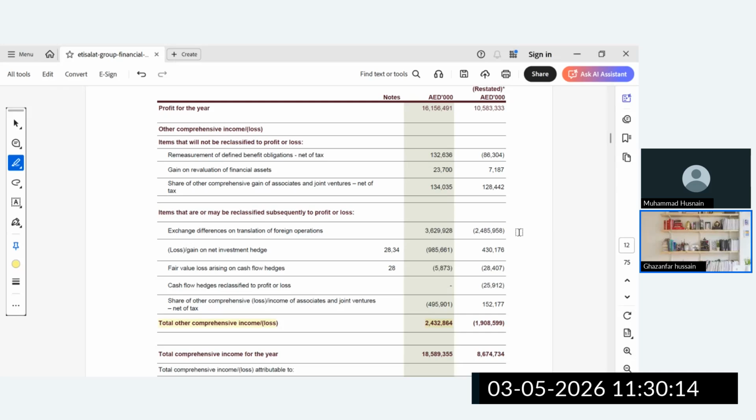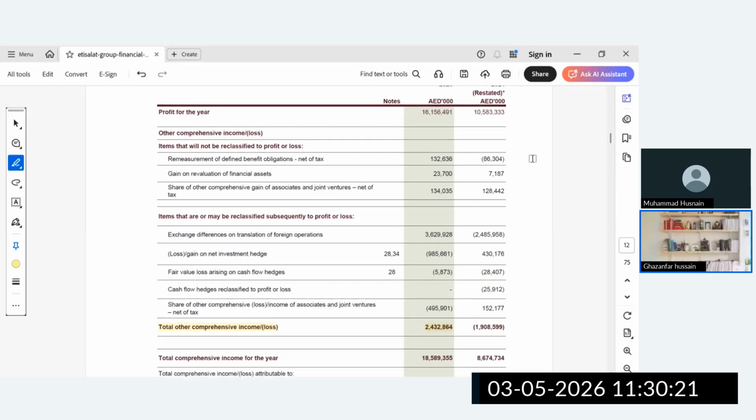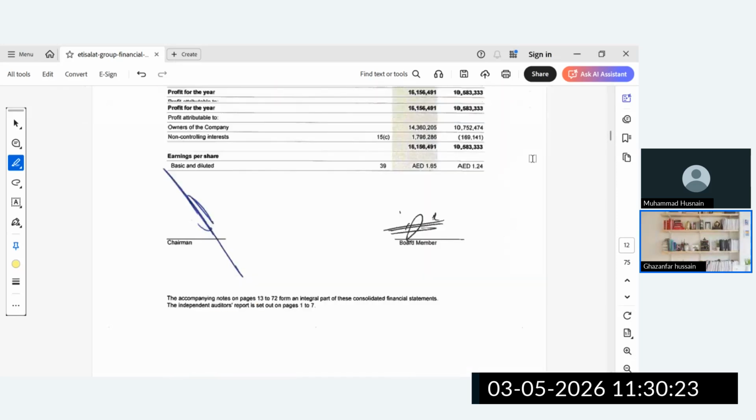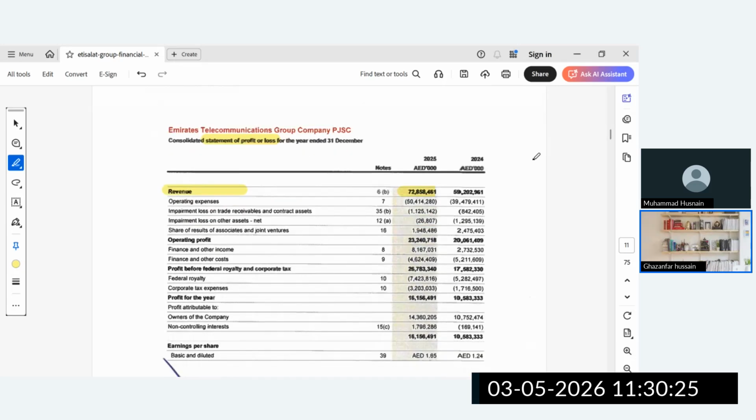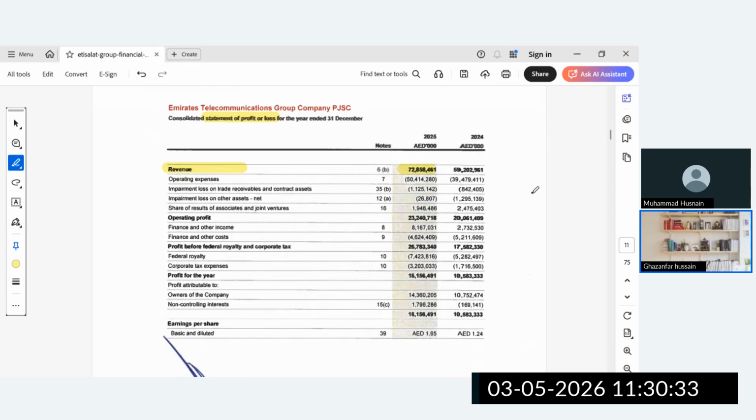So 2.4 million plus 72, so it will be 74.8 something. Now you can calculate how much the figure will be and share with us.